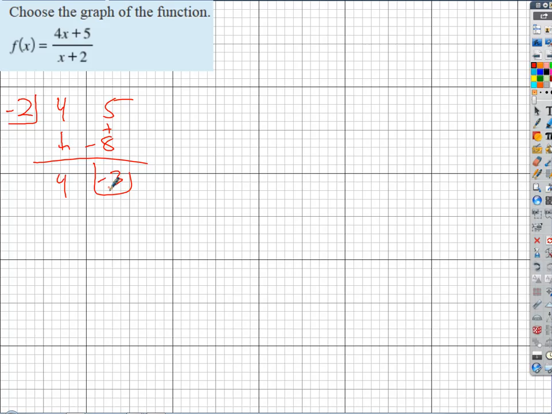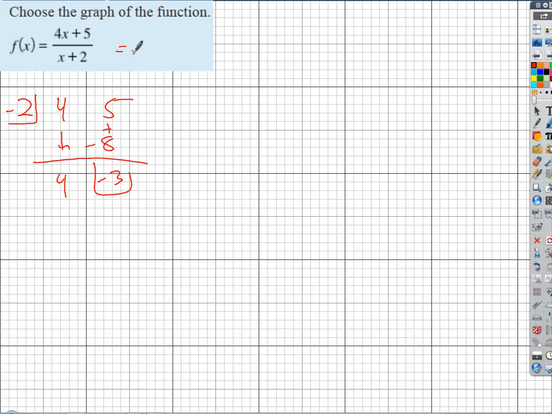Take this result and write it in the form of a transformation of 1 over x. So what goes out front? 4. No. The -3 does, right? Okay, we'll go ahead and do it in 2 steps, but then we'll look back and say, how could we have done this in 1 step?